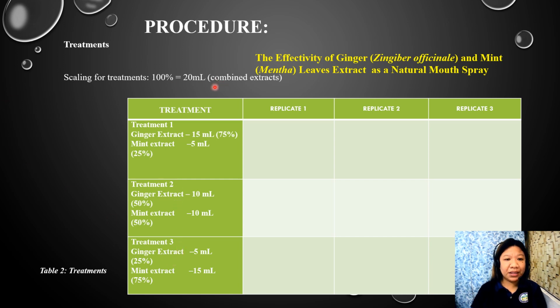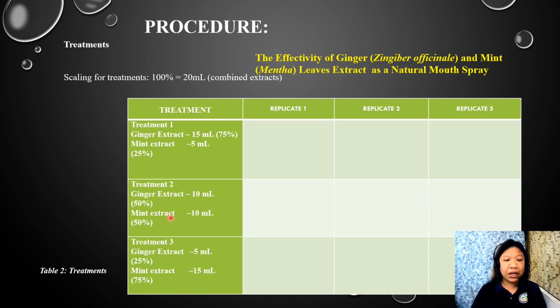Now, out of 20 ml, let's say your ginger extract is about 75%. So do not just write 75%. Say 15 ml, which is equivalent to 75% out of 20 ml total combined extract. So you have your mint extract at 25%, or this is equivalent to 5 ml.